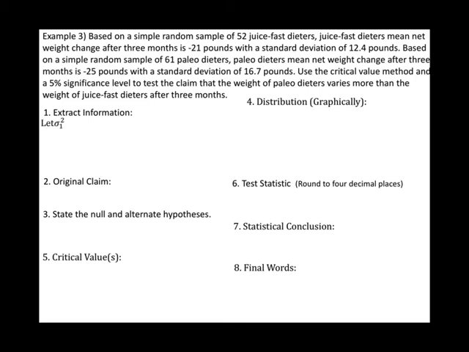Okay, check your work. We are working on variance. Okay, so population 1 will be the potato, and then population 2 will be the juice fastest in here. Okay, one more time. We're going to look at the larger sample standard deviation or variance.